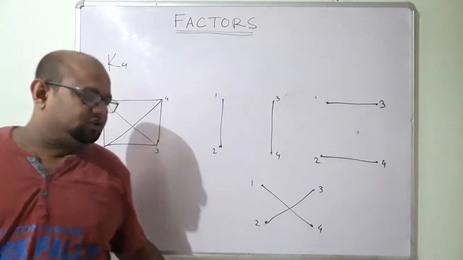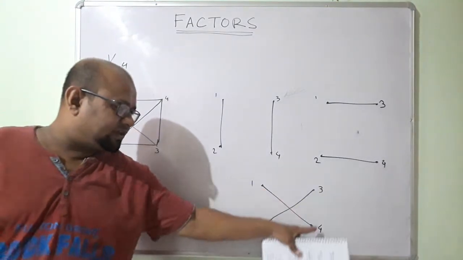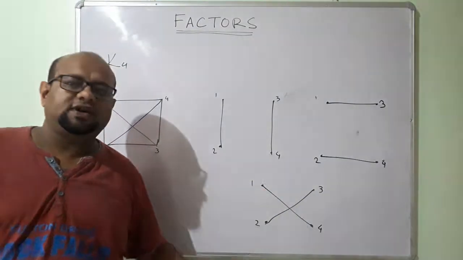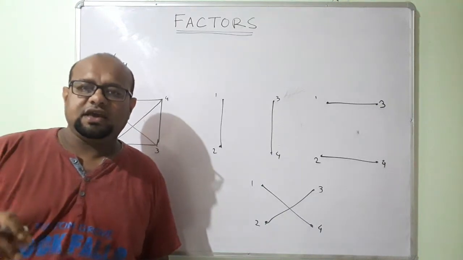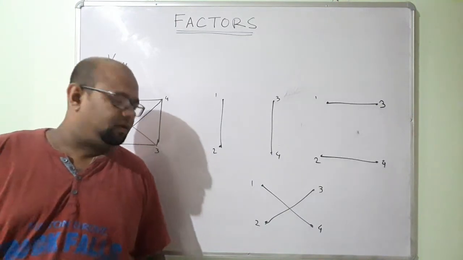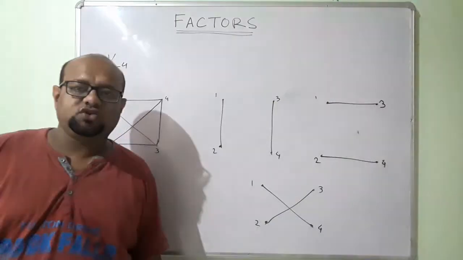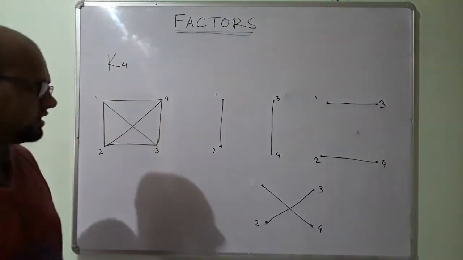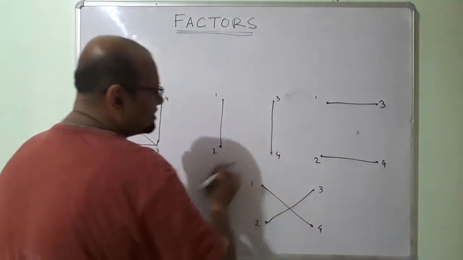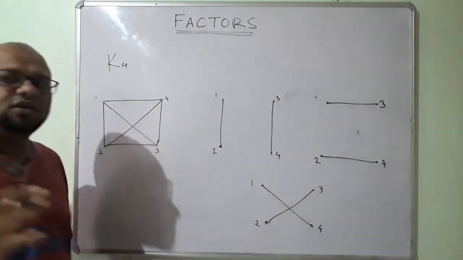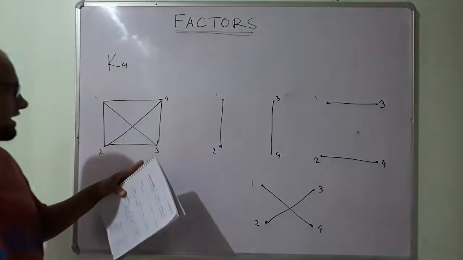Right? So all the vertices are here, so it's spanning. All of the vertices have degree k equal to 1, so it's regular with k equal to 1 and spanning, so it's a k factor, a 1 factor. This is a 1 factor, this is a 1 factor, this is a 1 factor. We have 3 different 1 factors out of this K4.